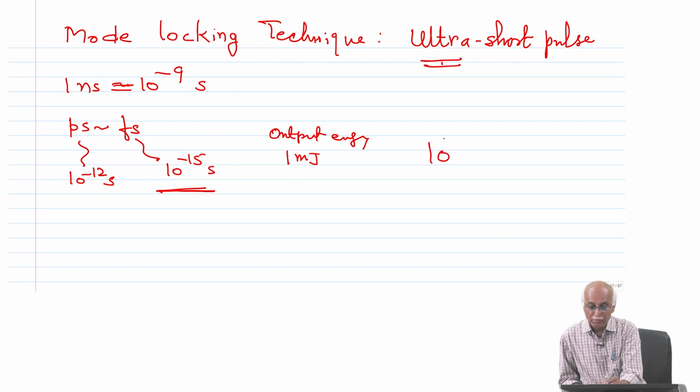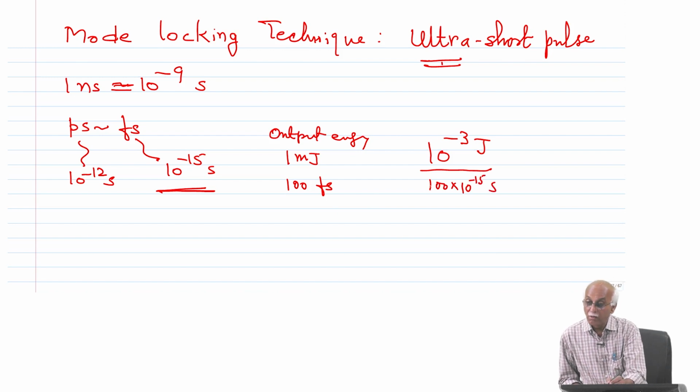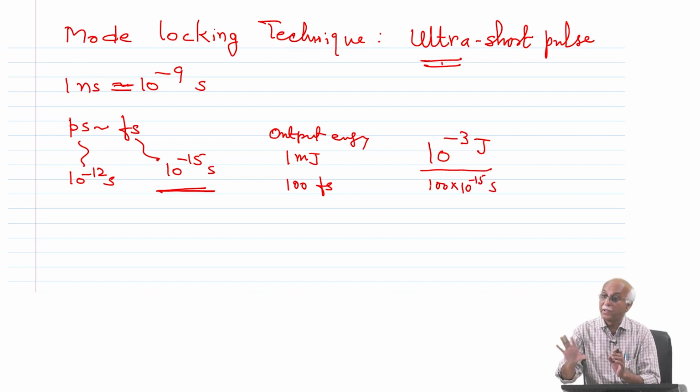So, it is 10 raised to minus 3 joule, okay, and the pulse width, let us say it is 100 femtosecond pulse width. Okay. If the pulse width is 100 femtosecond, then it is 100 into 10 raised to minus 15 second, right. So, what will be the power per each pulse which will be, right, emitted from this laser system?